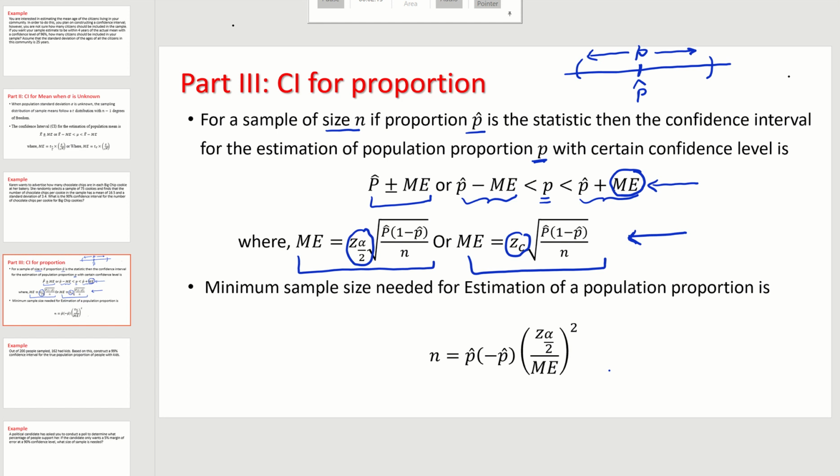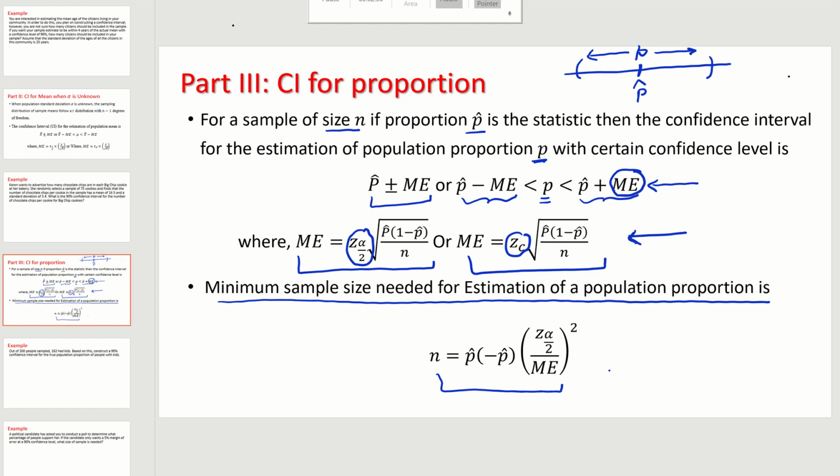Now the second thing is, if we want to construct a confidence interval with certain confidence level, what should be the sample size? So if you want to estimate the sample size, the minimum sample size needed for estimation of population proportion is given by this formula.